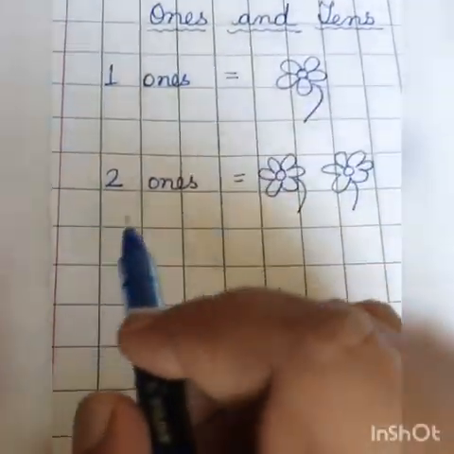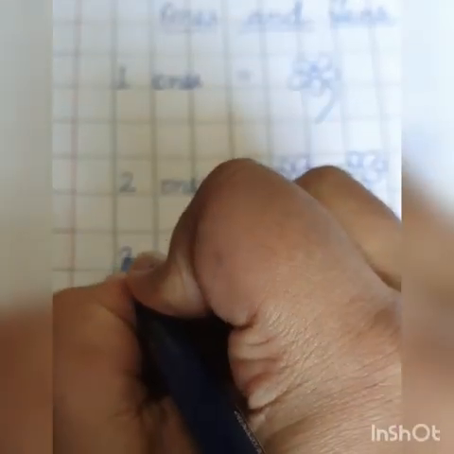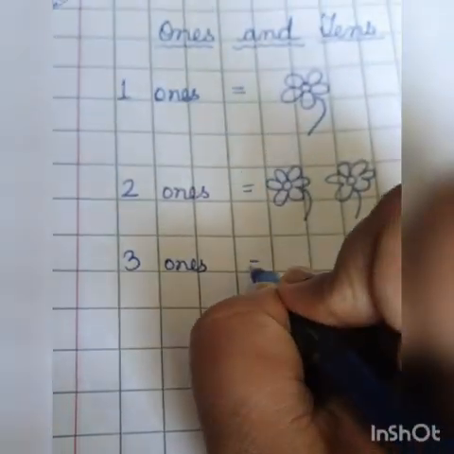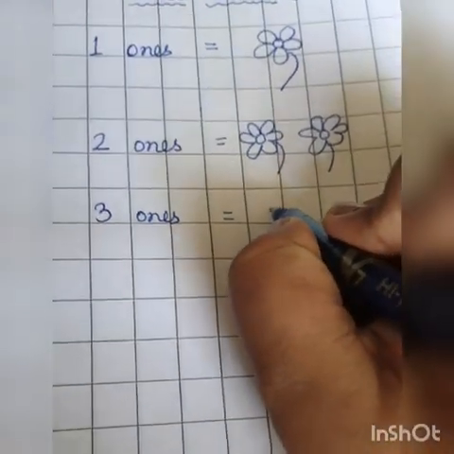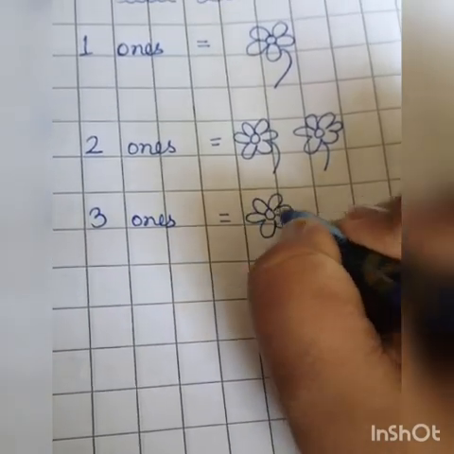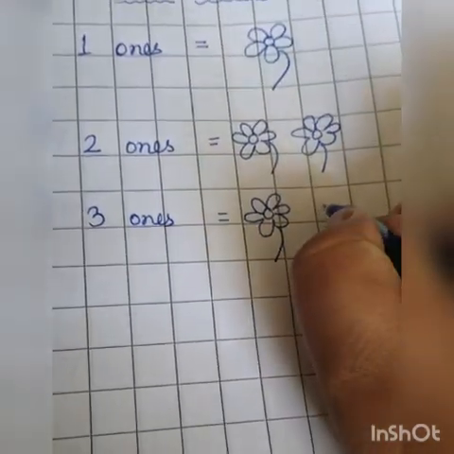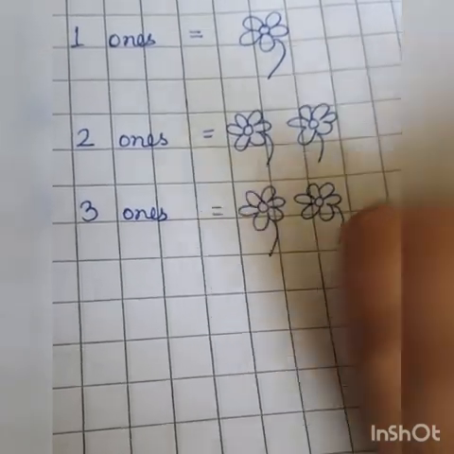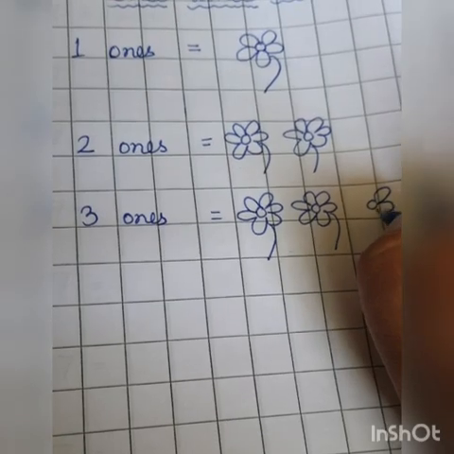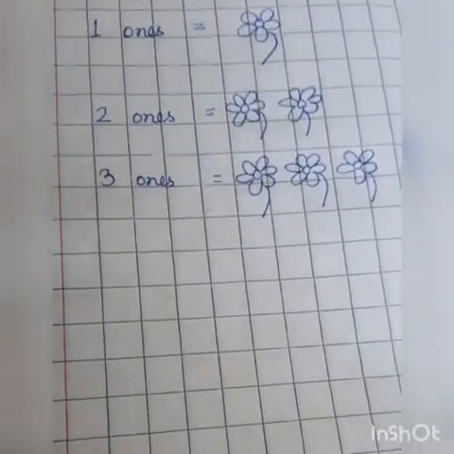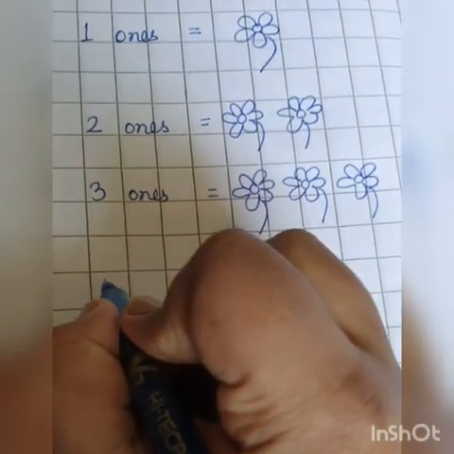But today I'm drawing a flower. Then again, three ones. Three ones means how much? How many flowers? Good. 3 flowers. Then again we go to 4 ones.